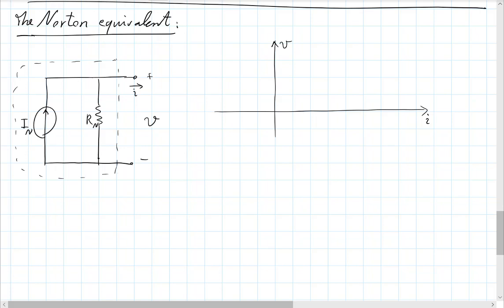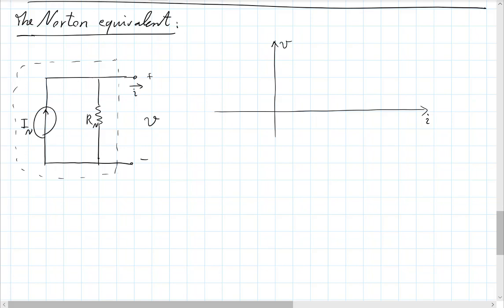Again, I'll look for the 2 simple points, the crossings with the 2 axes. So for instance, if I had 0 current, in other words, if I actually left it open and just connected a voltmeter there to measure the voltage, when the circuit is open, what voltage would I measure? So what would V be if I was 0?